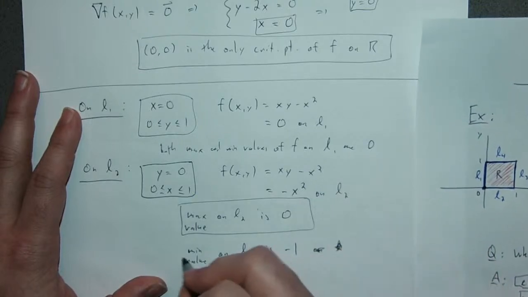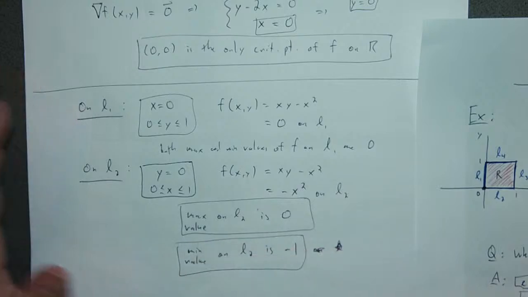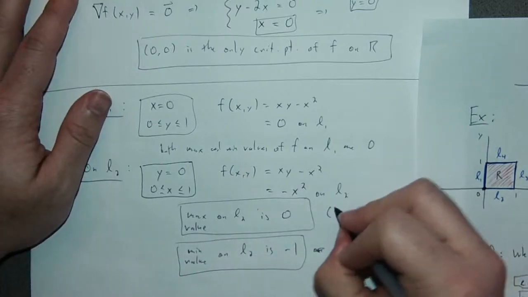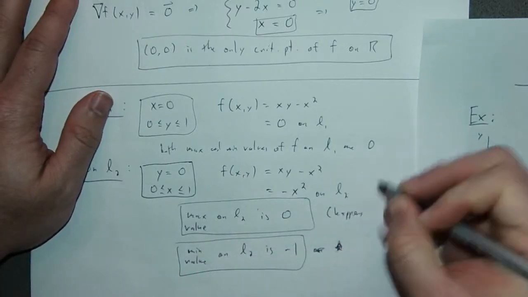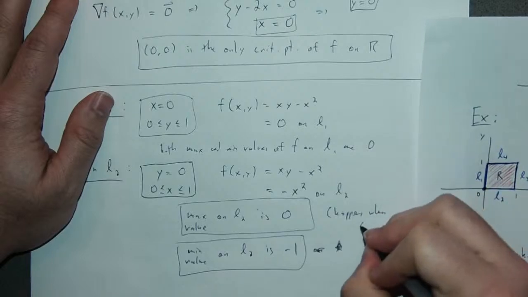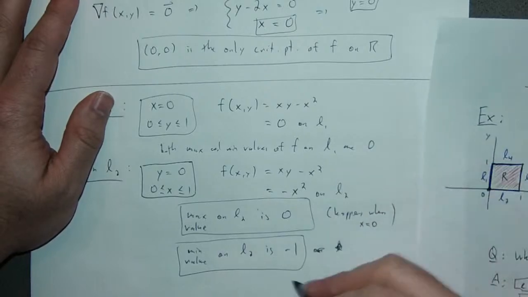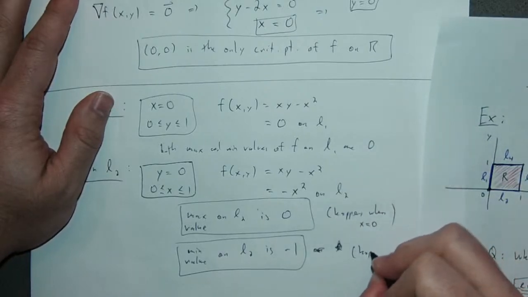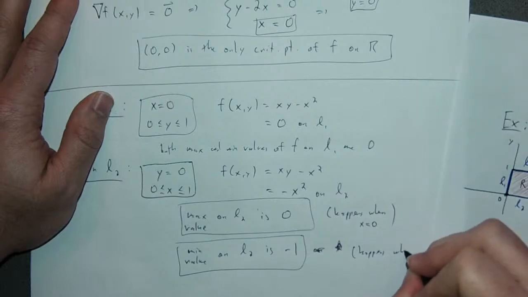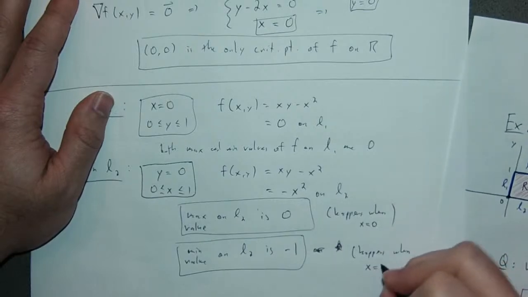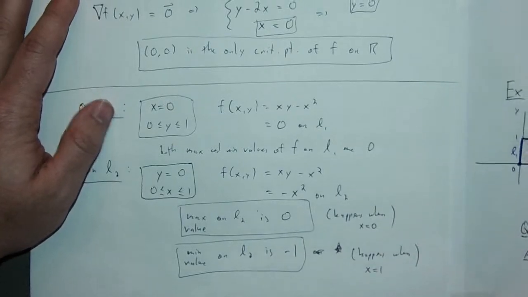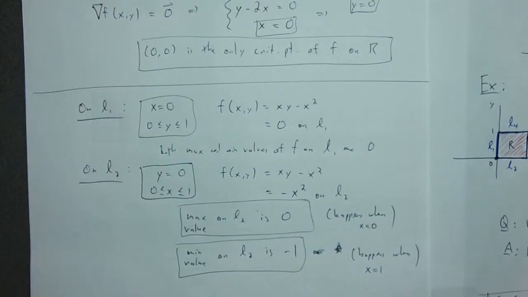Now, it is nice to track where this happens. This one happens when x is equal to 0, and this one happens when x is equal to 1. I saw you all in chat post the answers here.